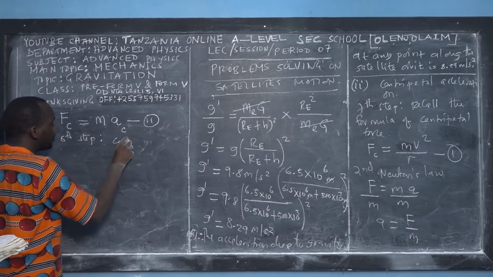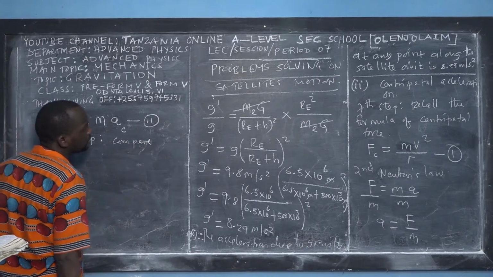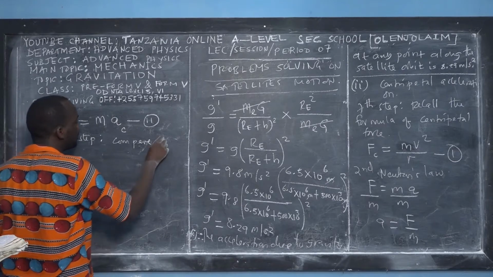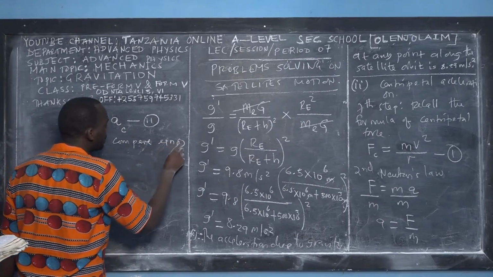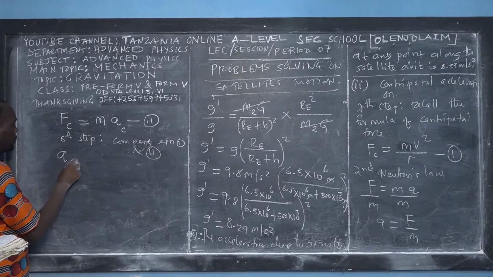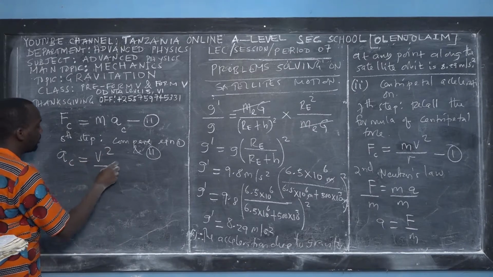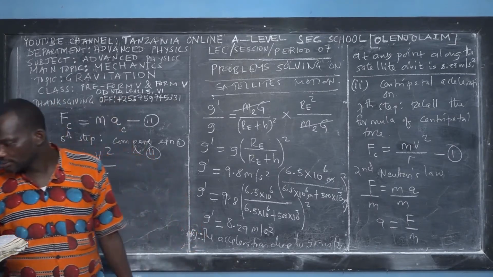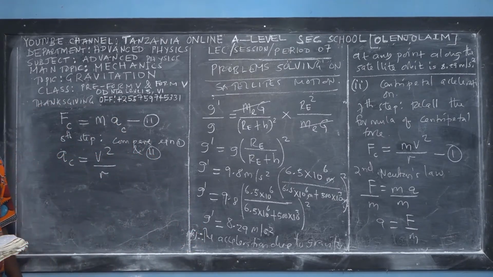We say that if you compare equation 1 and equation 2, then you will find that the centripetal acceleration is equal to square of the velocity over r. Interesting. Okay?